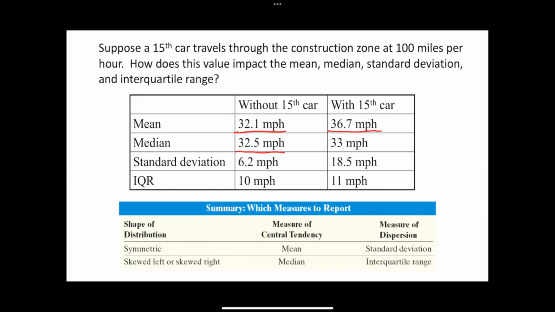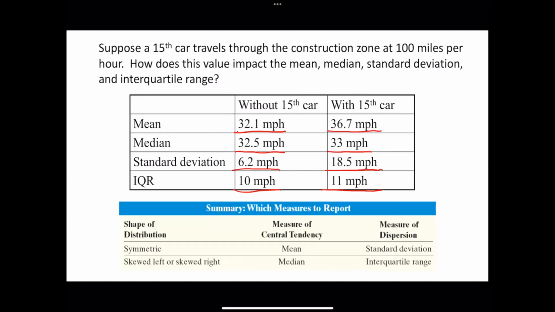Once that last car was added in, it's now 33 miles per hour, so it barely moved. Our standard deviation was 6.2 without the 15th car, and it went all the way up to 18.5 with it. So it had a huge change. The IQR was 10 without that car, and it only went to 11 with that car.